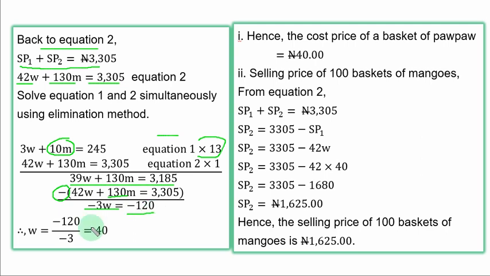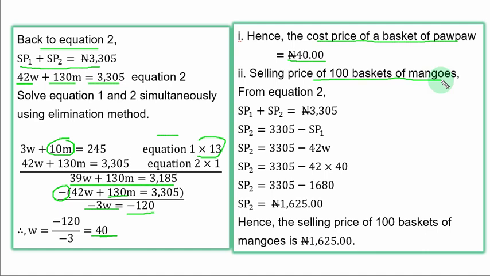To get W, you divide both sides by minus 3 and you have 40 as the value of W. I know W is the cost price for a basket of pawpaw. So Roman figure 1, the cost price for a basket of pawpaw is 40 naira. Roman figure 2, you should get the selling price of 100 baskets of mangoes.